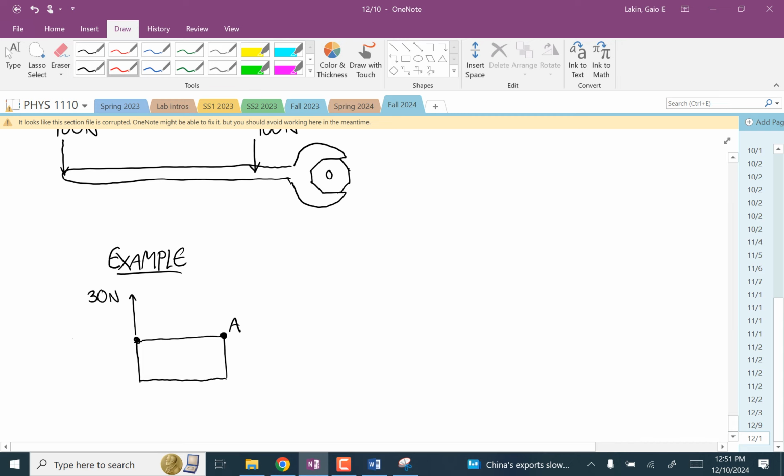I'll give some dimensions. Let's say the width is 0.25 and the length is 1 meter. And we want to know what's the moment of this force.